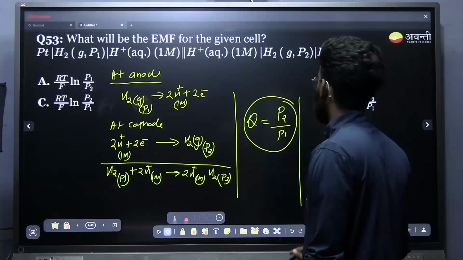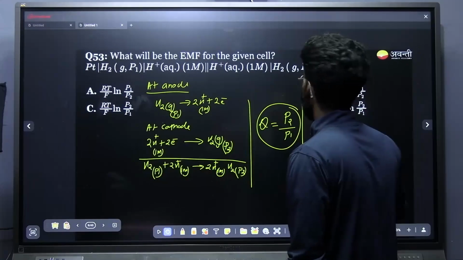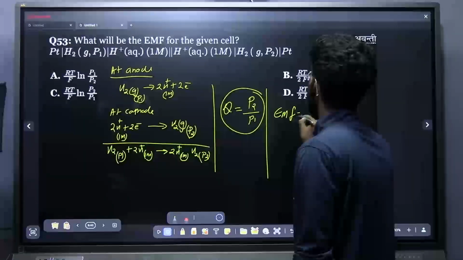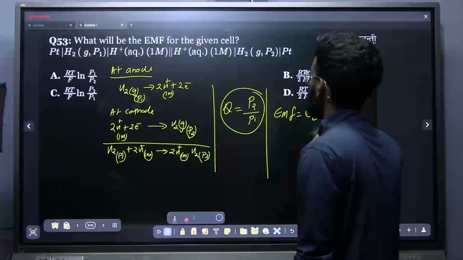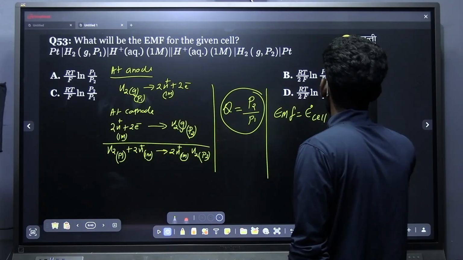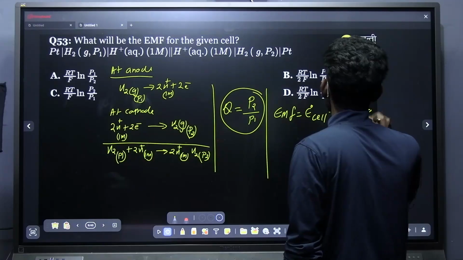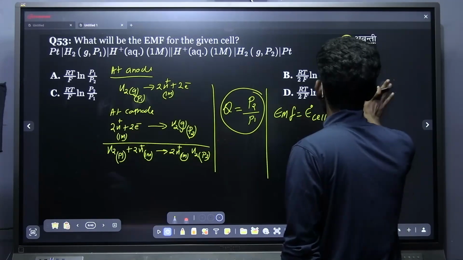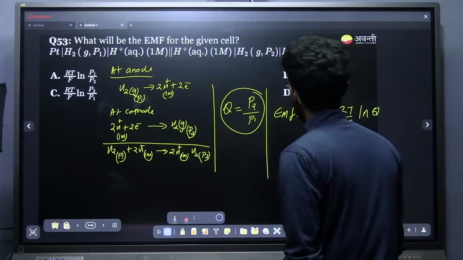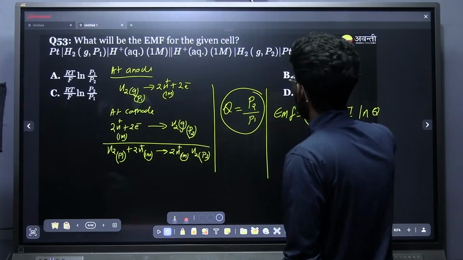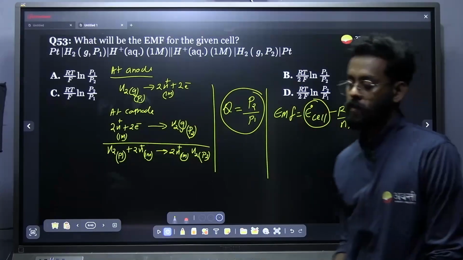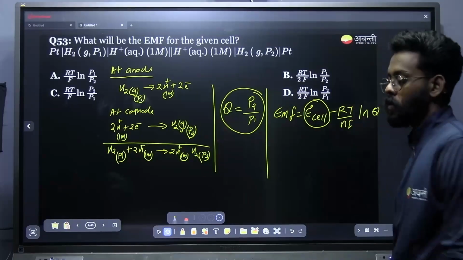Now what do you have to find out? You have to find out the EMF. What is the equation for EMF? EMF is equal to E naught of cell minus RT by NF log Q. Okay, here it is ln Q. Q value we already got. We want to know E naught of cell. What is E naught of cell for hydrogen electrode? What is the standard EMF of a hydrogen electrode?